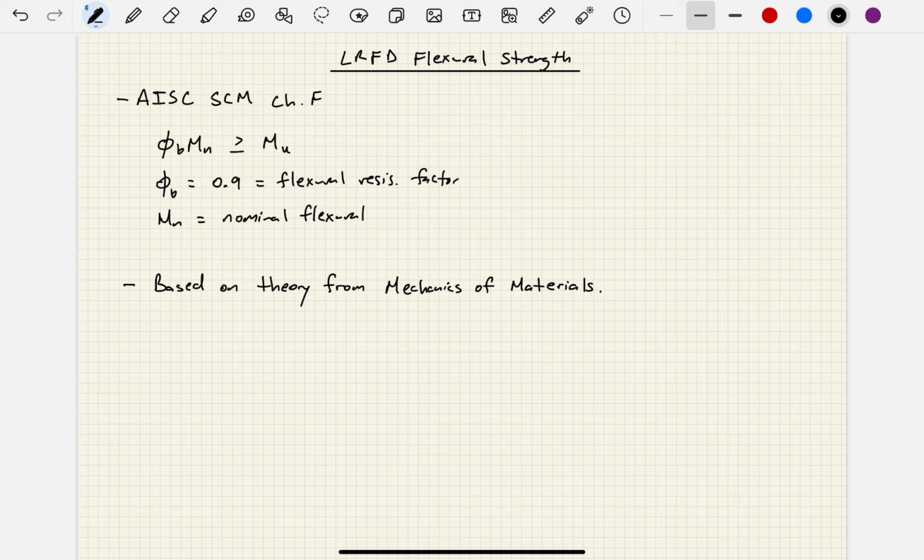flexural strength, and this is going to be based on, put in parentheses here, the specific flexural limit state.